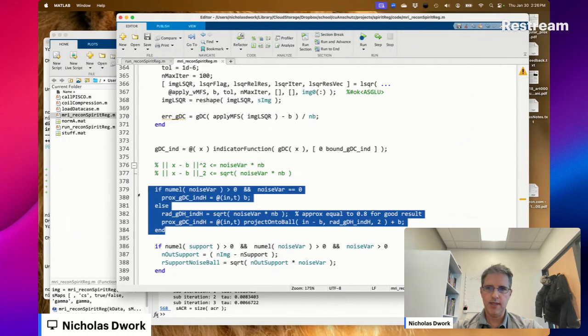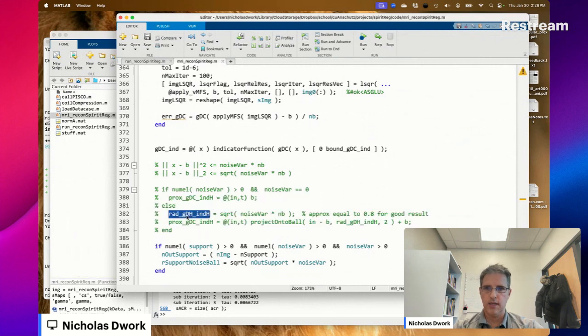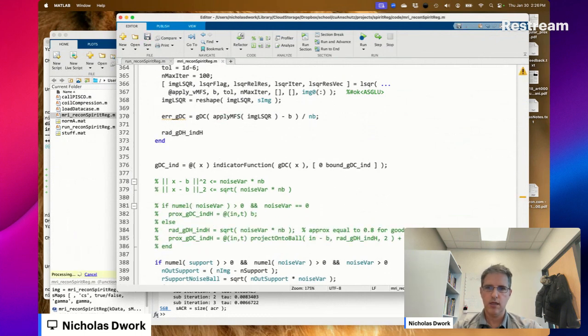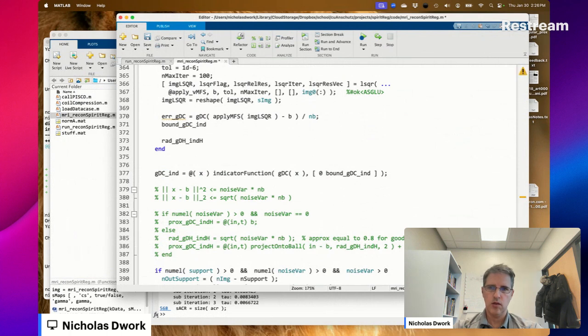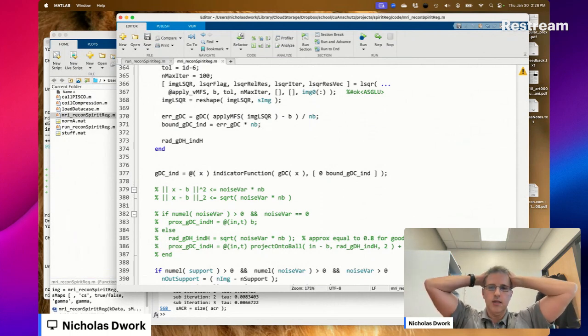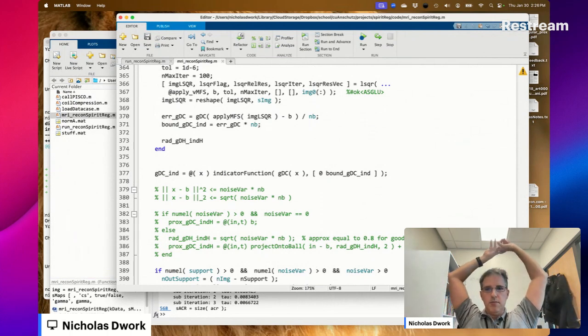And if that's the case, then we want the indicator function, we want GDC, the result of GDC, to be less than that bound.